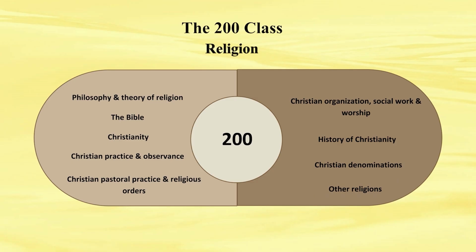So you can see that from 220 to 280, all the classes are dedicated to Christianity and its subdivisions. All other religions we can find in 290 other religions.